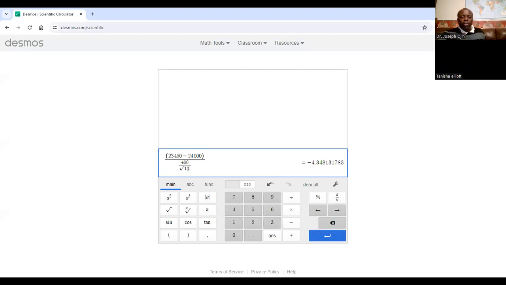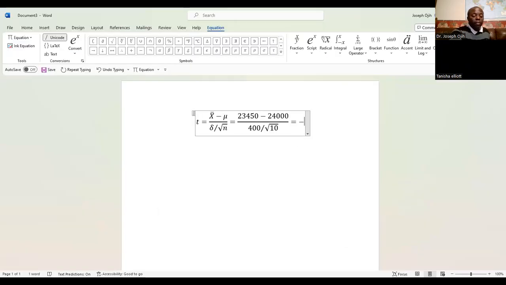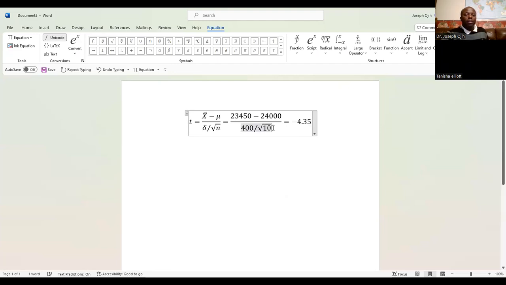So I'm going to put it right there. Let me copy it from here. Put it here first. Negative 4.35. Now copy this. I'm going to put it on the main workbook.